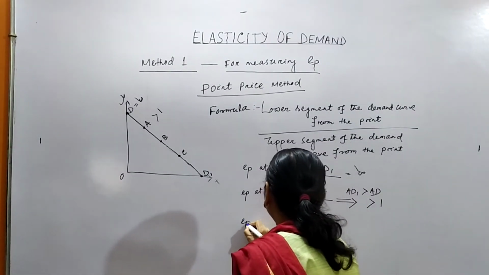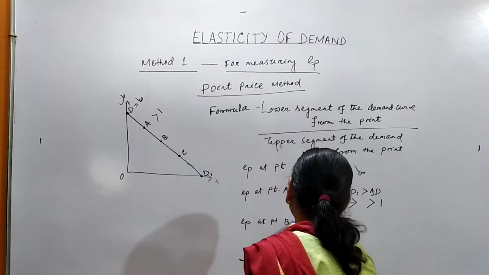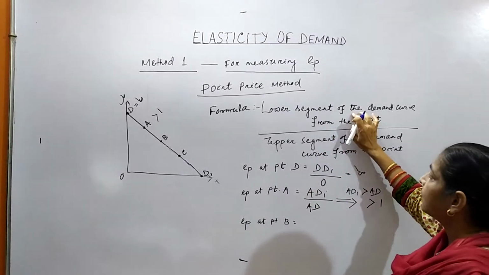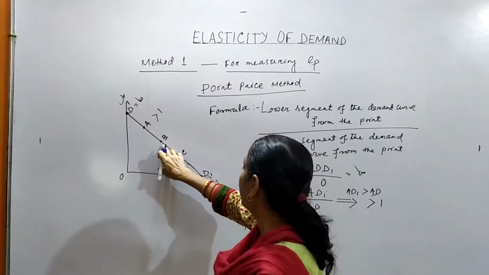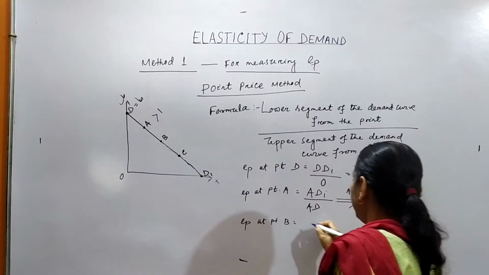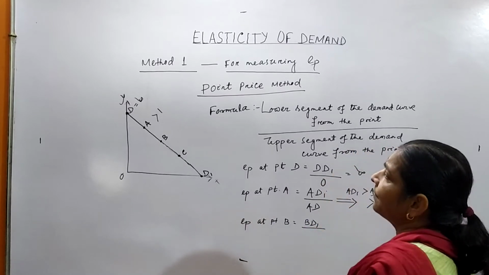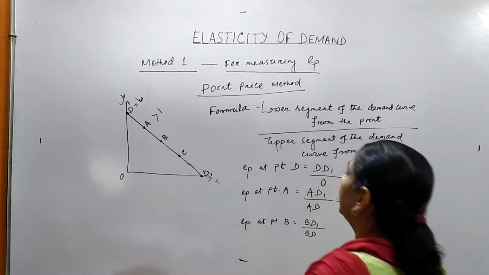EP at point B equals, again this formula we have to apply, lower segment of the demand curve divided by upper segment of the demand curve. B से लोअर सेगमेंट कितना होता है, BD1, upper segment is BD.